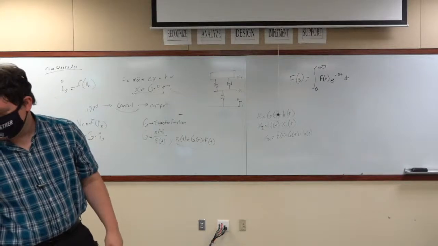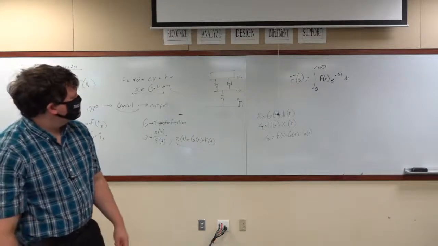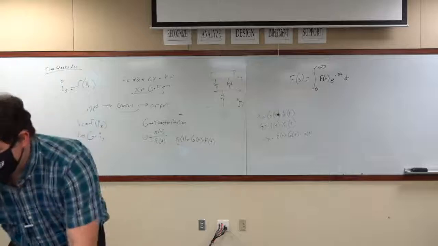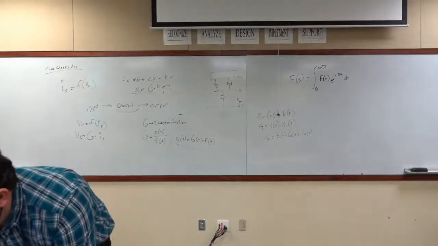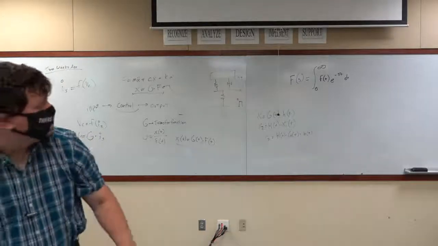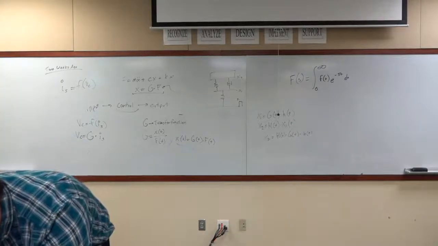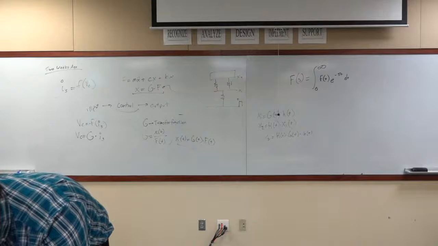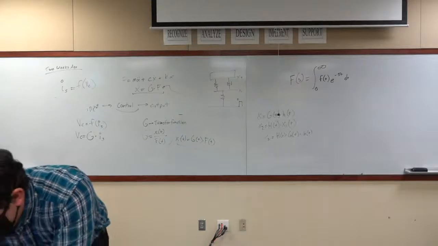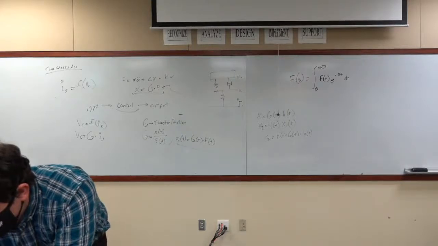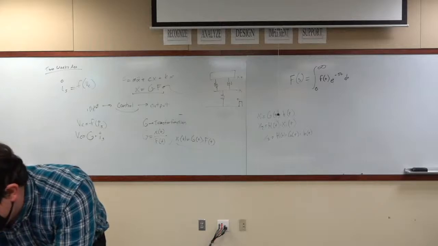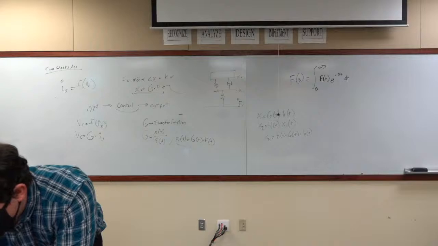I'll just write some on the board. Is that e to the negative st? It's an s. I'm just quickly Googling Laplace transform tables, which are everywhere. I just found a really quick one from lamar.edu.